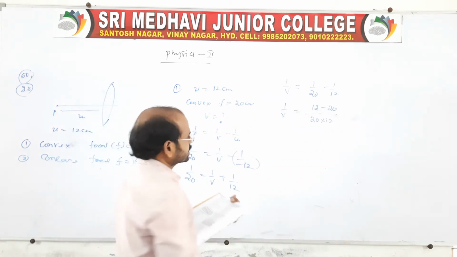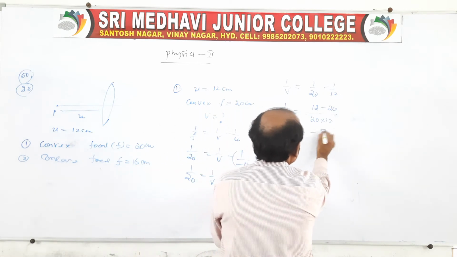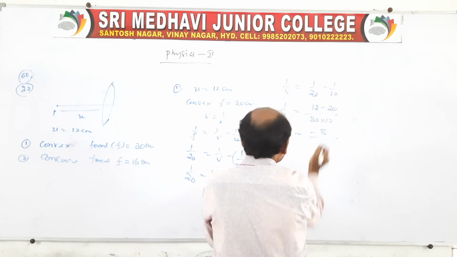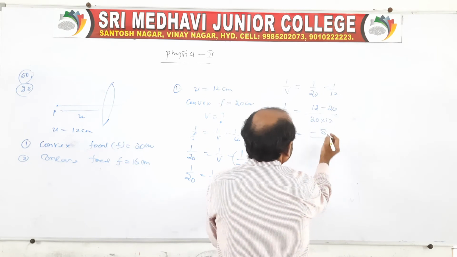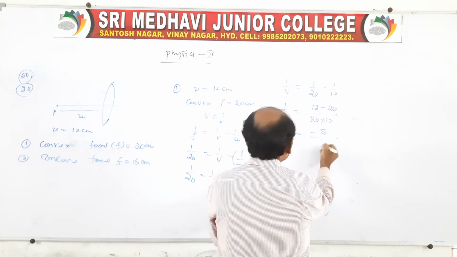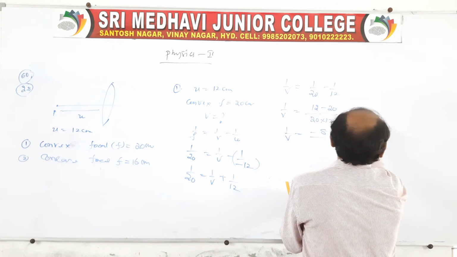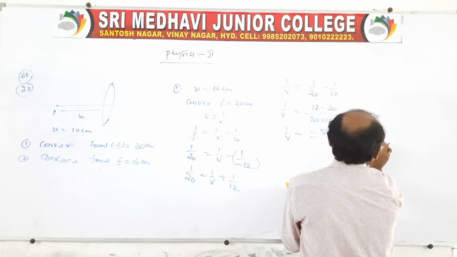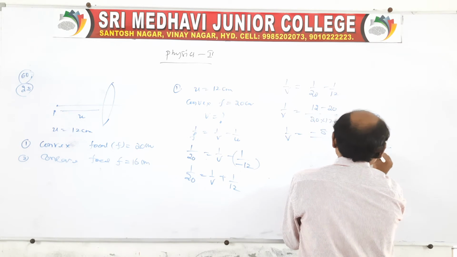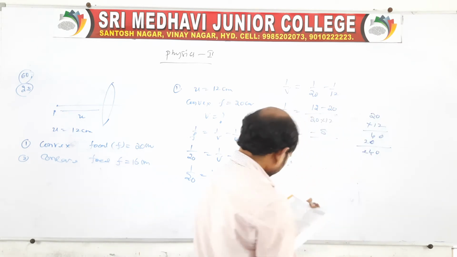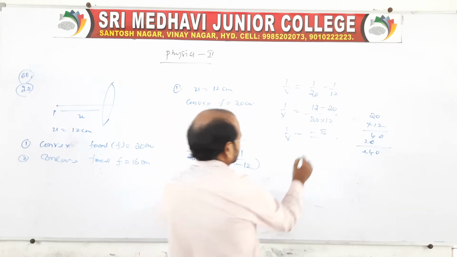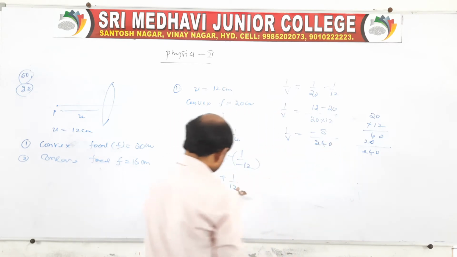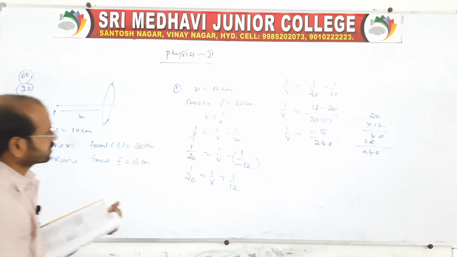So we'll get approximately 1 by v is equal to minus 8 by 20 into 12, which is 240. So if I take 240 like this, how will we get the answer in the given problem?